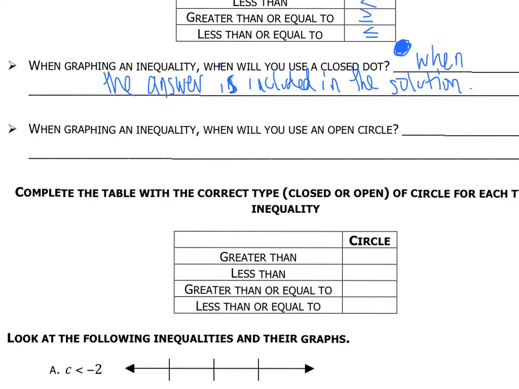When graphing an inequality, you're also going to use an open circle. An open circle looks the same, except it's not shaded in. You're going to use this when the answer is not included in the solution.